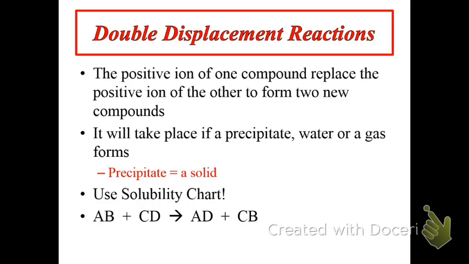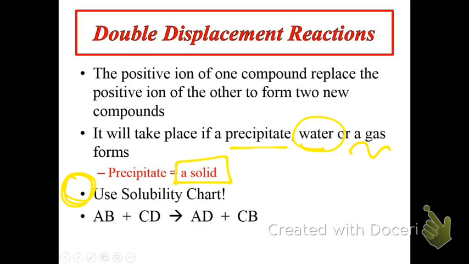It's totally replacing, a double switcheroo, hence we're double. It will take place if a precipitate, a water, or a gas is formed. A solid is a precipitate, and you're going to use that solubility chart as we already talked about.